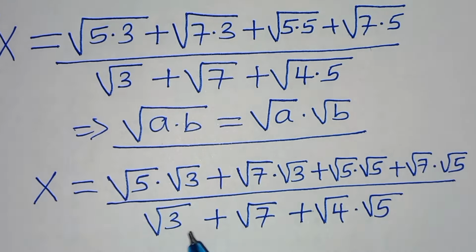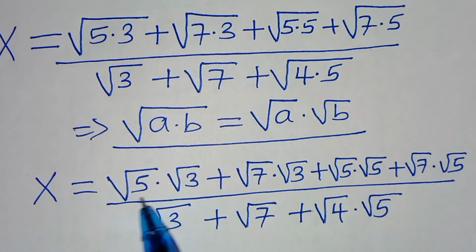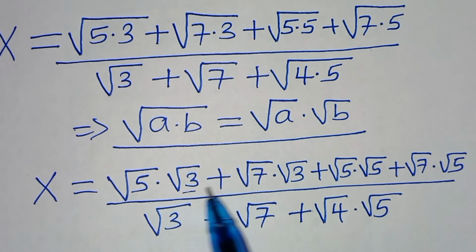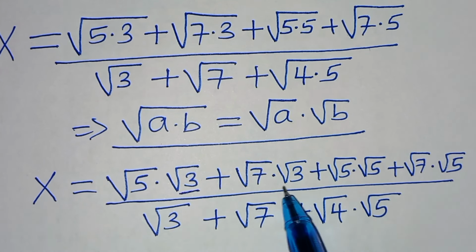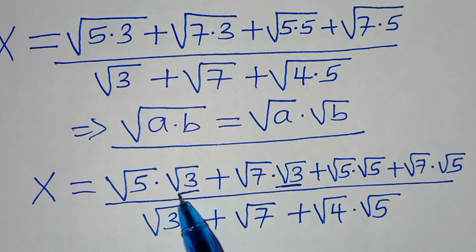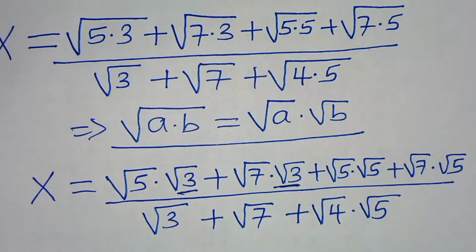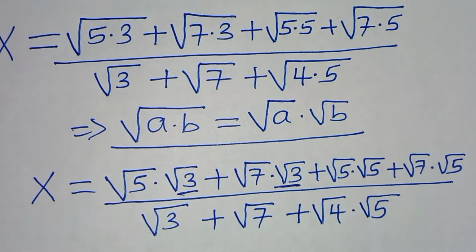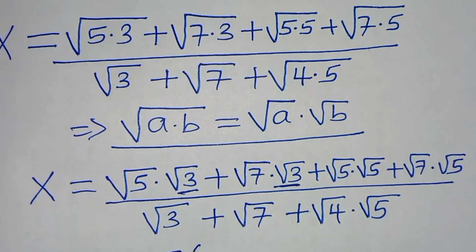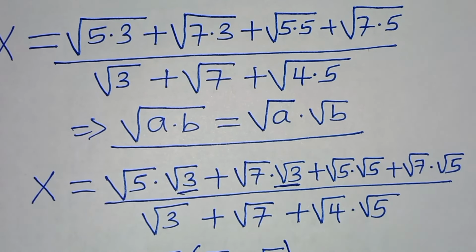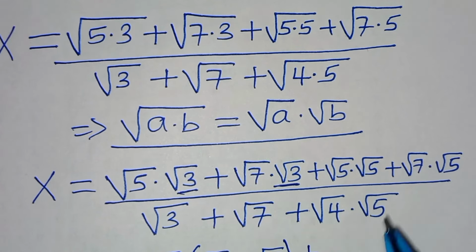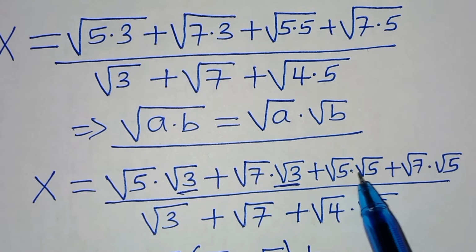From this part here, we have square root of 5 times square root of 3. Here we have square root of 7 times square root of 3. So square root of 3 is common here, and we can factor it out. So here we'll have square root of 3 into the parentheses square root of 5 plus square root of 7. Then plus, here we have square root of 5 times square root of 5.